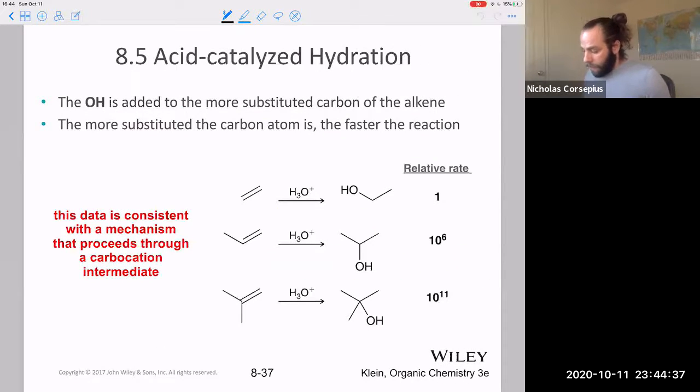And let's take a look at a few examples of different alkenes. So notice that the difference between these alkenes is how highly substituted one of those carbons is. And notice that my reaction rate increases dramatically depending on how highly substituted that carbon is. So this is again consistent with this idea of a carbocation intermediate in our reaction mechanism.